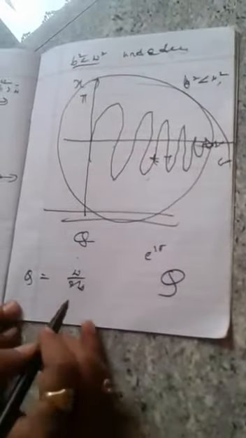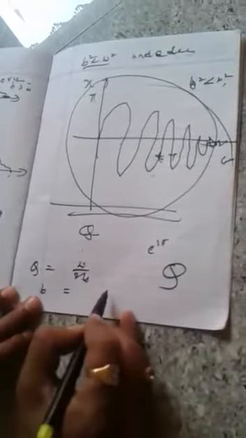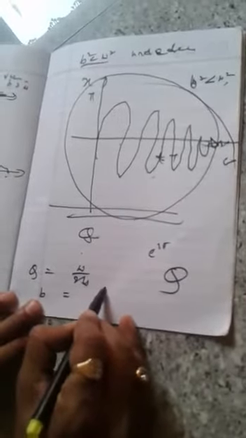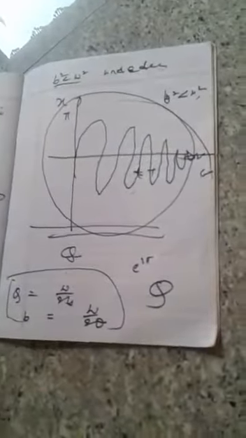Q is equal to omega by 2b, or b can be written as omega by 2Q, rearranging the terms.